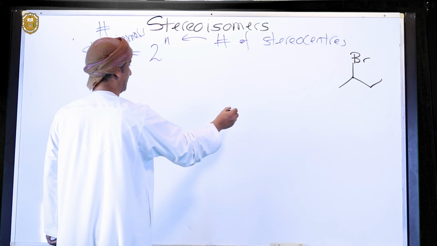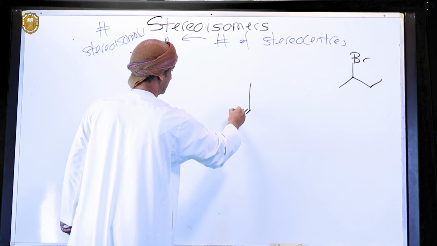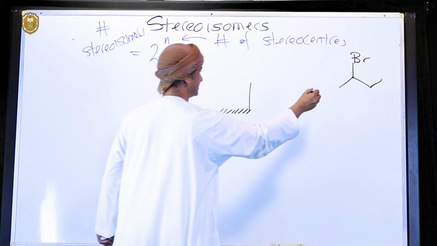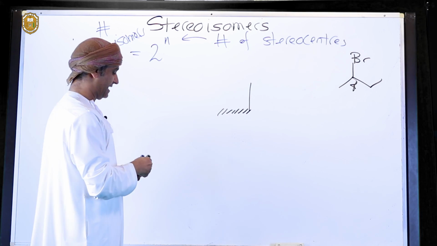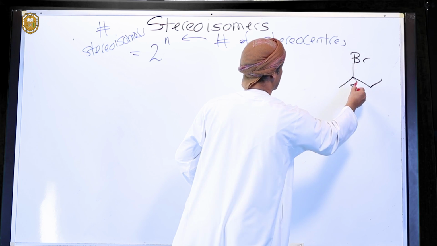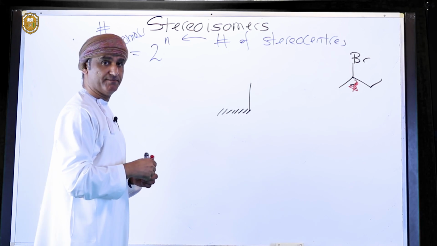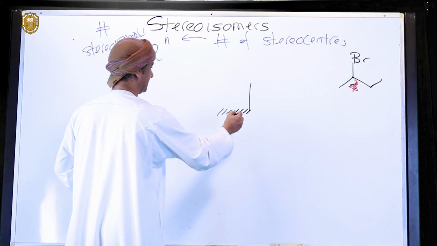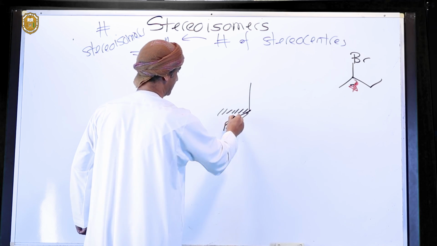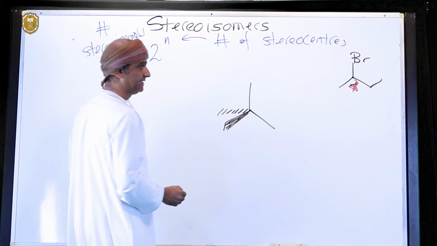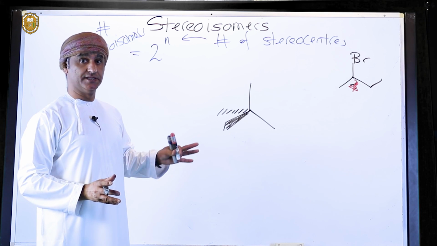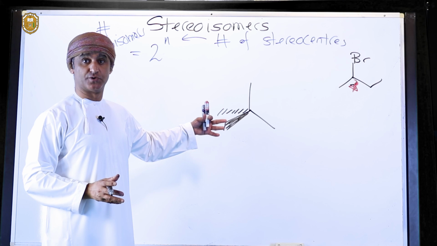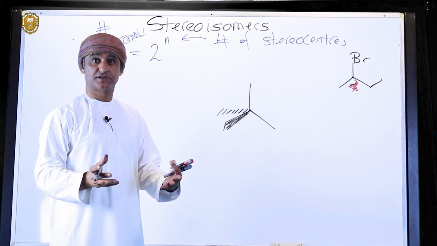We can begin with drawing the specific chiral center, and of course, that's the chiral center here, the carbon number 2. If the question is only how many stereoisomers, then that's easy. And if the question is how to draw them, you are in control basically.